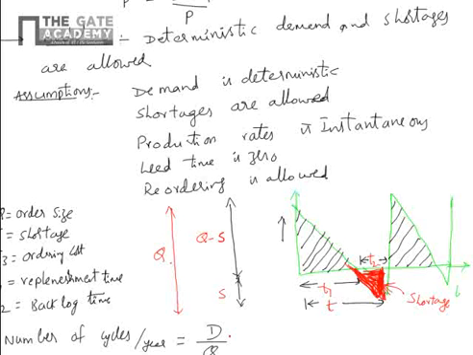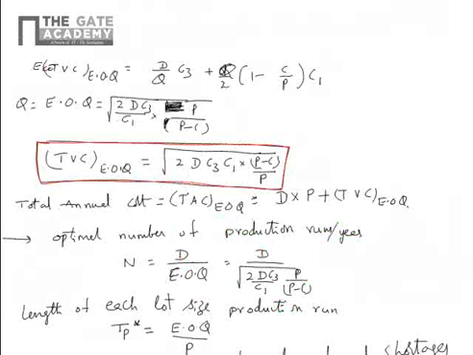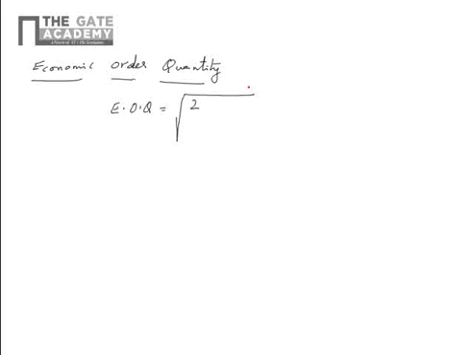Here again, economic order quantity, after simplifying by considering shortages, is calculated as EOQ equal to, we know without shortages it is square root of 2D C3 by C1.